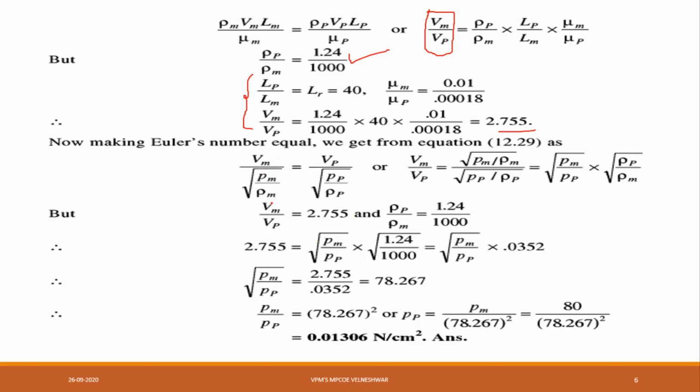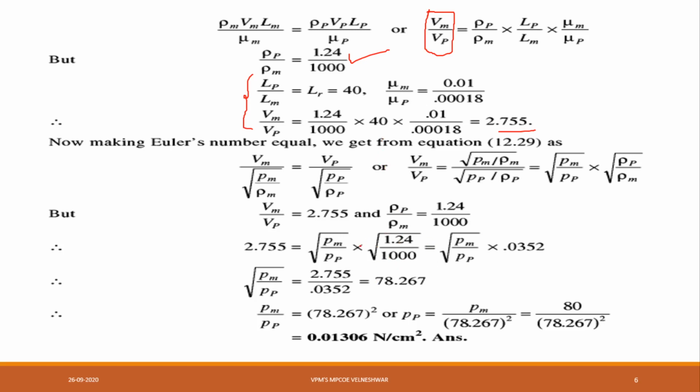Now Vm by Vp is equal to square root of Pm by rho m divided by square root of Pp by rho p. Separating both values, that is square root of Pm by Pp into square root of rho p by rho m. Vm by Vp is 2.755, which equals square root of Pm by Pp into square root of 1.24 divided by 1000.